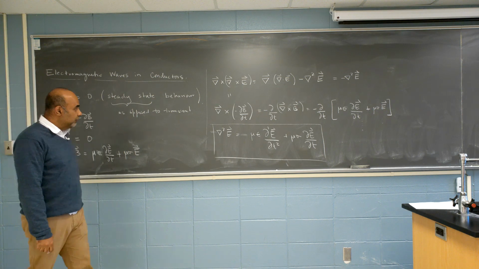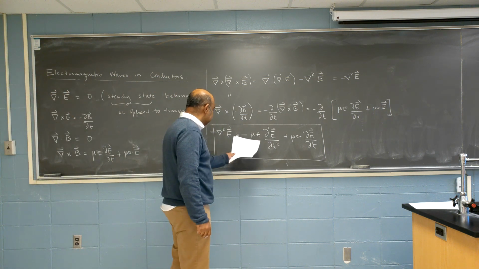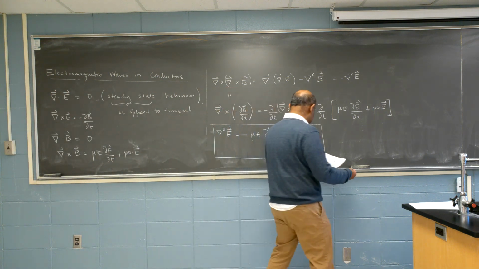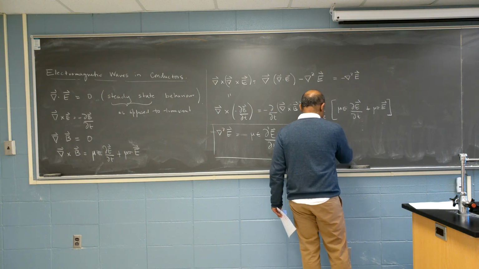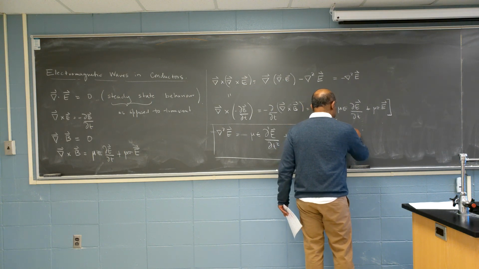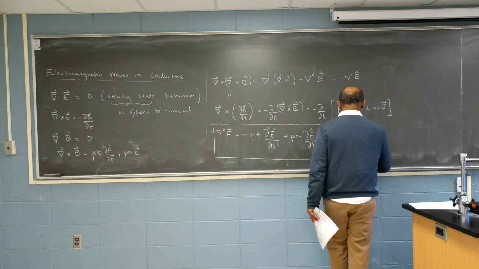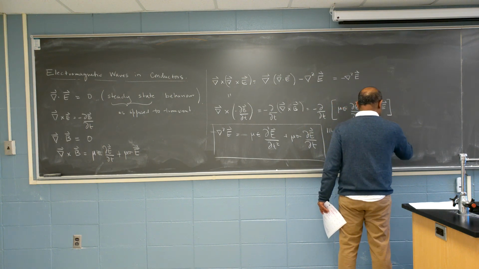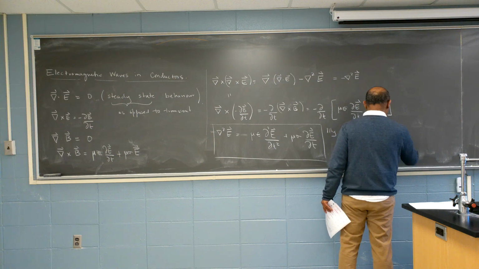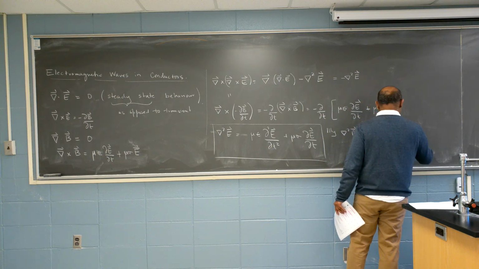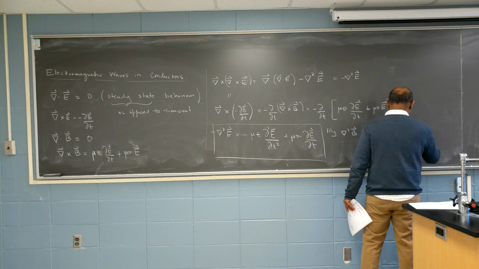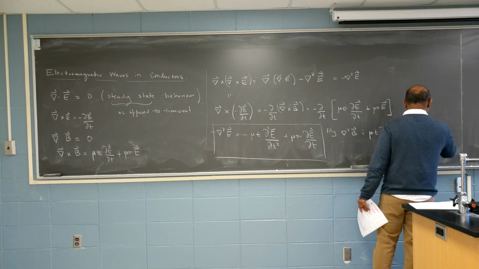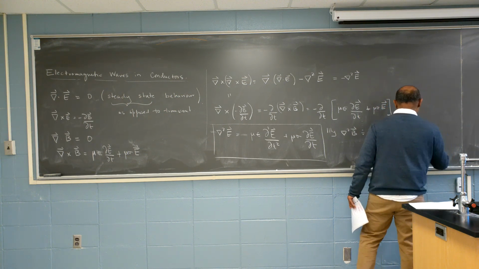If I play the same game for B, I get exactly the same with B, but just to have it in the notes, I'm going to write this. Del squared B is equal to mu epsilon d squared B dt squared plus mu sigma dB dt.